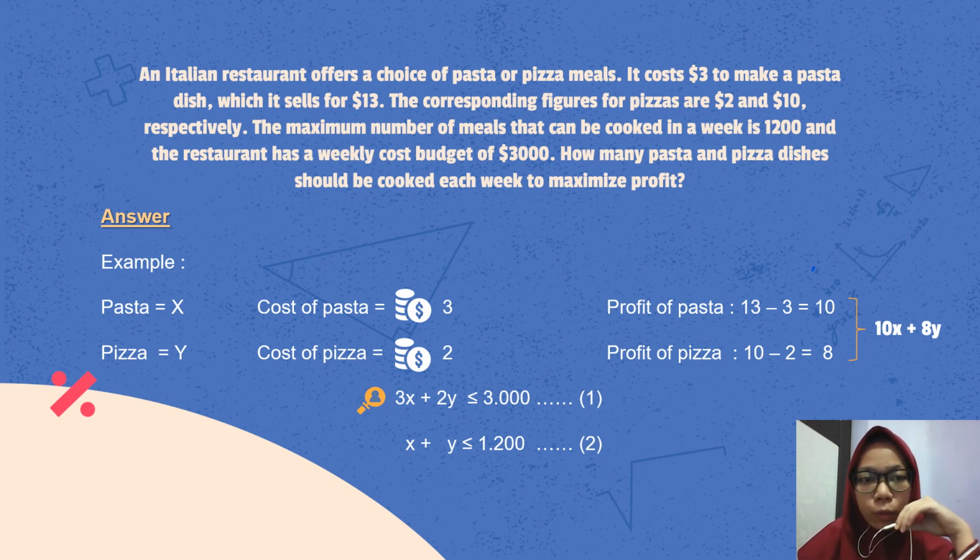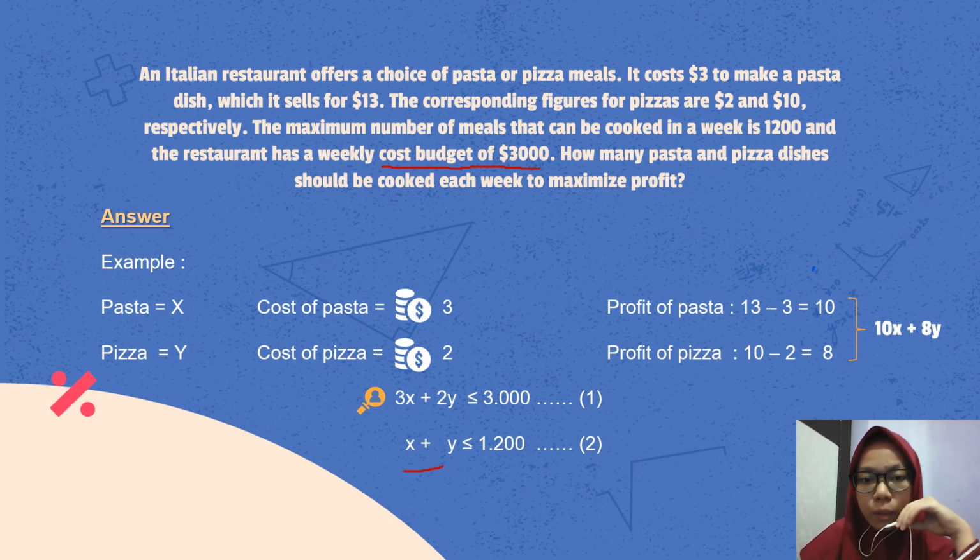From the question, for example, pasta as X and pizza as Y. And then the cost of pasta is $3, the cost of pizza is $2. So the equation is 3x plus 2y is less than or equal to 3,000, because the weekly cost budget is 3,000. And then the number of meals that can be cooked in a week is 1,200.